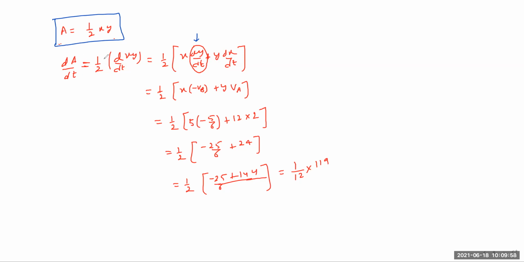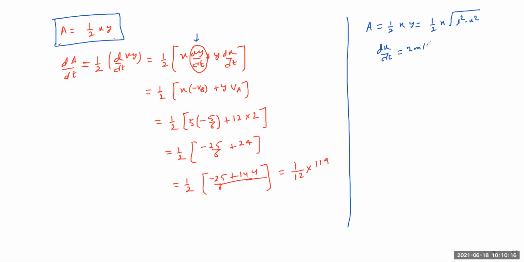Okay, you can do it this way, or if you're not interested in this way, you can do it another way. Area equals half into x into y, but y we can replace. Now, what is given to us? We have dx by dt, which is 2 meters per second. If I differentiate for dA by dt, you have to use the product rule with time.